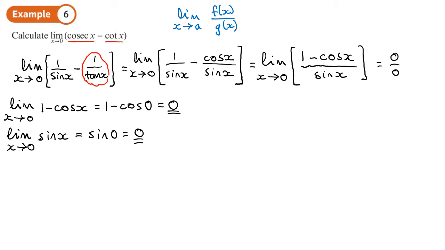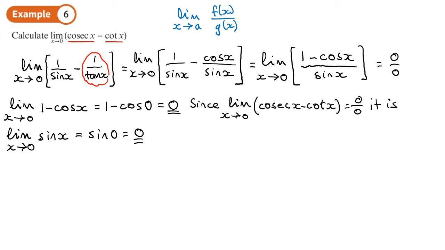Since the limit as x tends to 0 of the original question, cosec x minus cot x, equals 0 over 0, it is indeterminate.